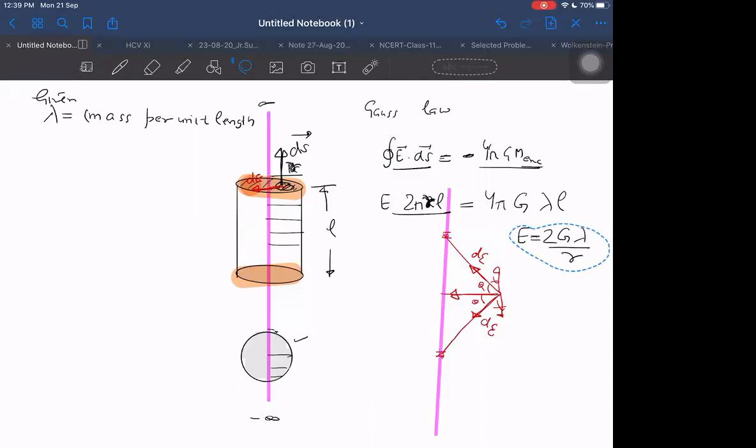So we got a new formula. This formula is also important to remember.